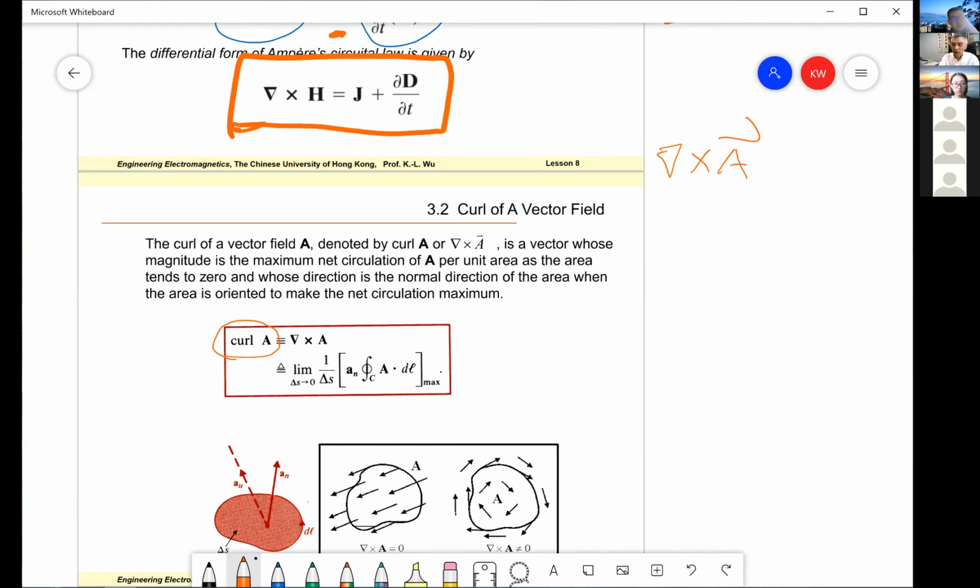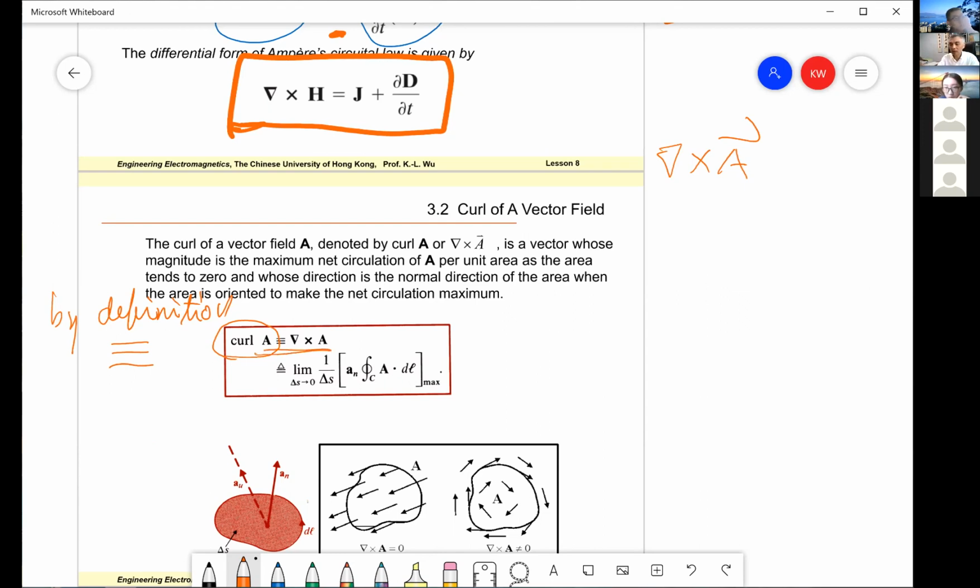The definition, with three lines instead of two, means this is by definition. By definition it is defined as this.